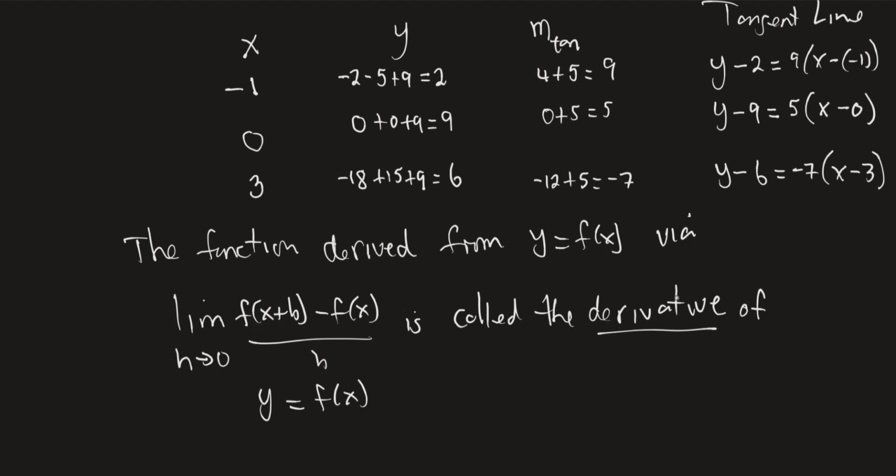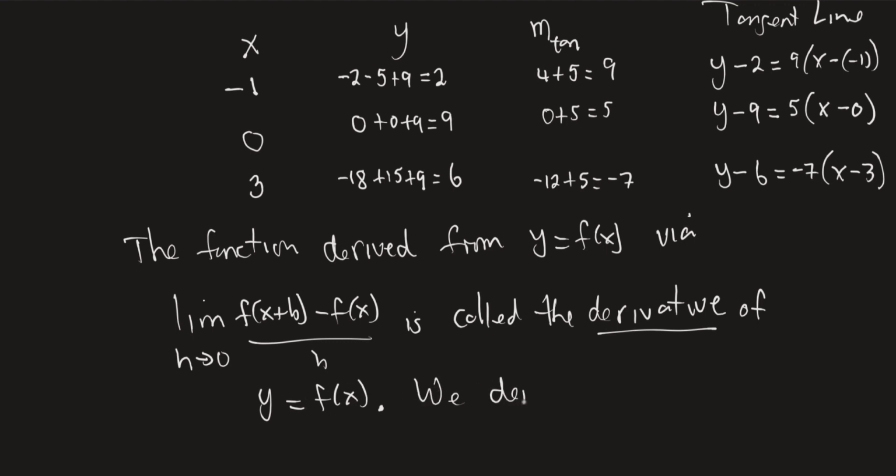But for now, we're introducing a very important word and a very important process, right? That's associated with some function, but now this process, what it produces is another function that gives us our slope of the tangent line. And it's so important that it even has its own notation, right?